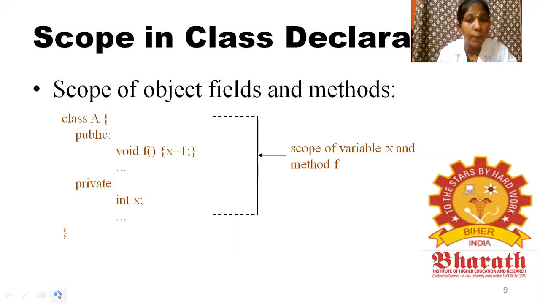The scope of the variable X and the method F will be inside that particular class alone. Void F is your method F and X is equal to 1, in the public part. In private they have declared the variable int X. So the scope of both the functions and the variables is inside class A.